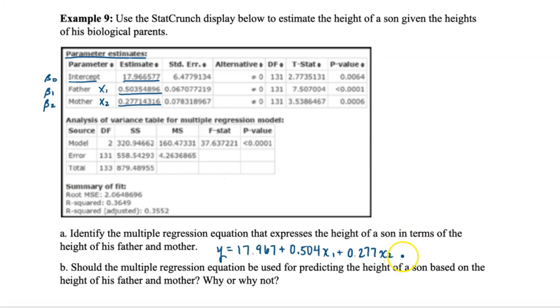And one thing that's very important is that if I have an x1 and an x2 in my equation, I should really say where these came from. So I can't just assume that father's x1 and mother's x2. I'll have to say where x1 is equal to the height of the father and x2 is equal to the height of the mother.